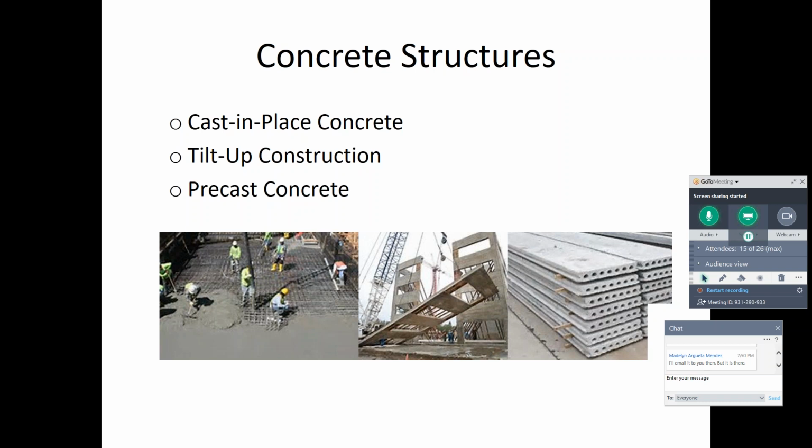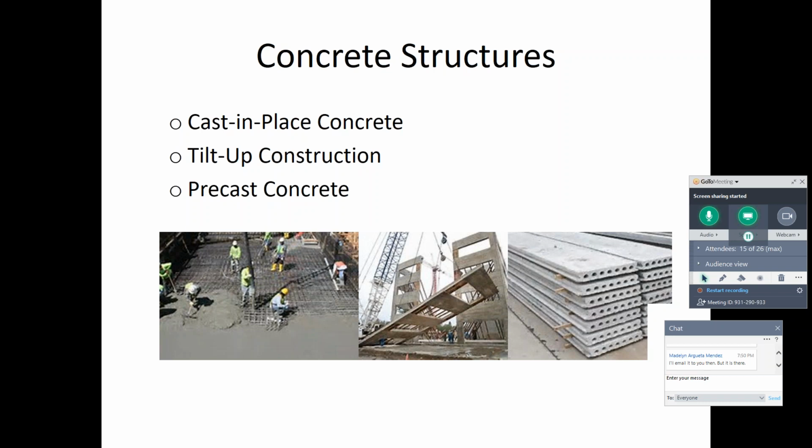Tilt-up construction, I thought the image does it justice, right? They just bring the giant sheets of pre-constructed concrete structures there, and then they use cranes in order to pull them up on site. And precast is where we have moldings in which they've been poured at a different location and they click-lock together. Instead of being full walls, it's smaller units and pieces.